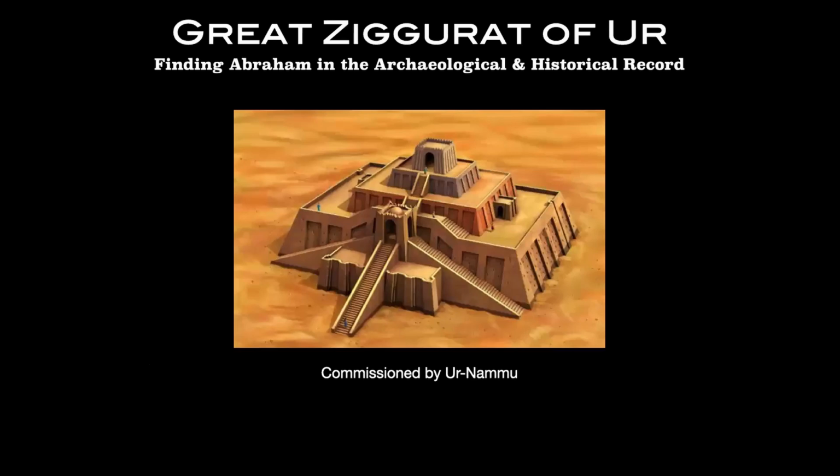This is a really cool artist rendition of what the temple or ziggurat of Ur-Nammu looked like. And another little thing, again possibly mimicking a mountain, you notice that the stairs all are in the cardinal directions. They go out to the right and the left.